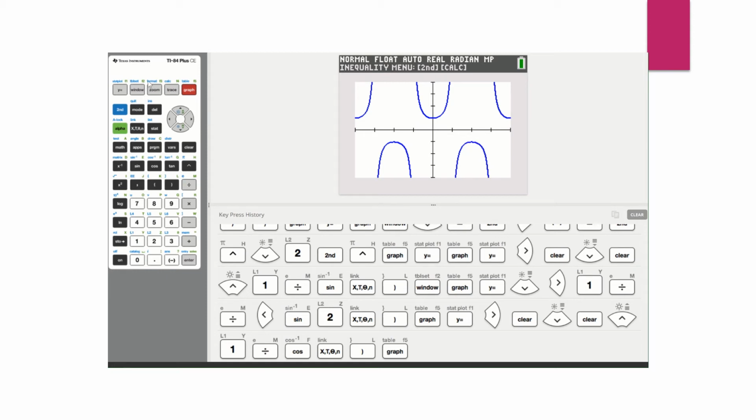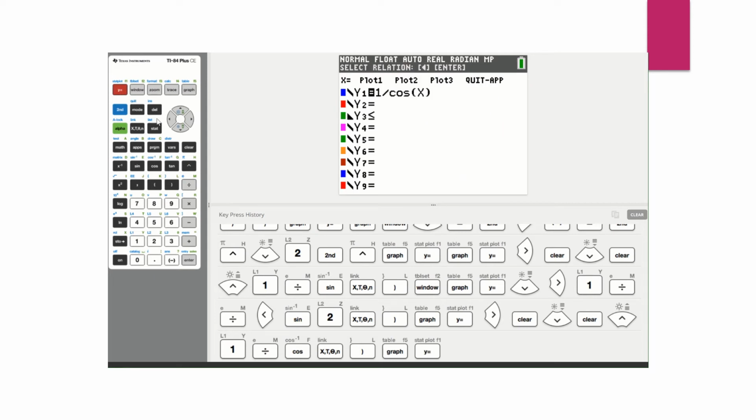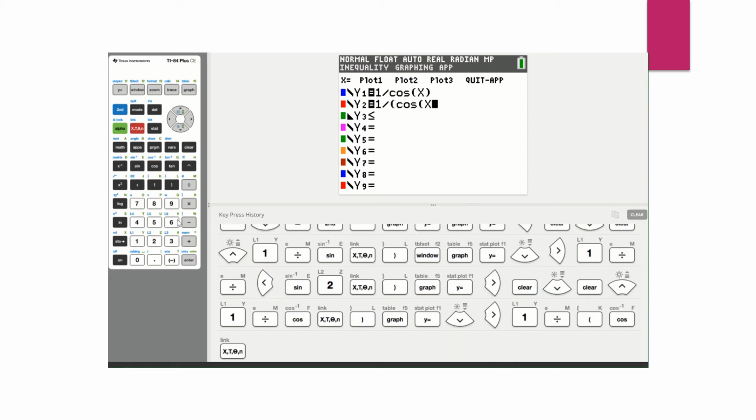All right, let's graph our transformation, which is 1 over, and here I think I do need another set of parentheses, the cosine of x plus pi. Now, our period shouldn't be affected, but we should see a phase shift. Let me get the pi in here and close these parentheses.